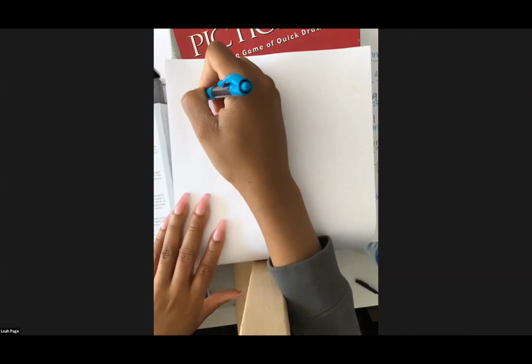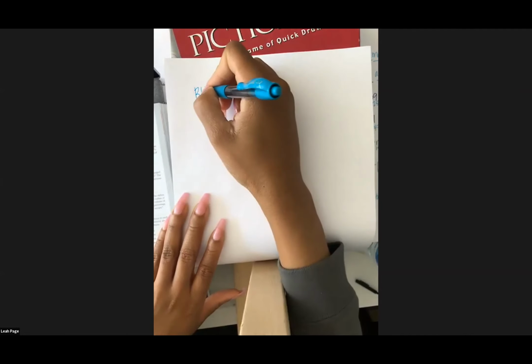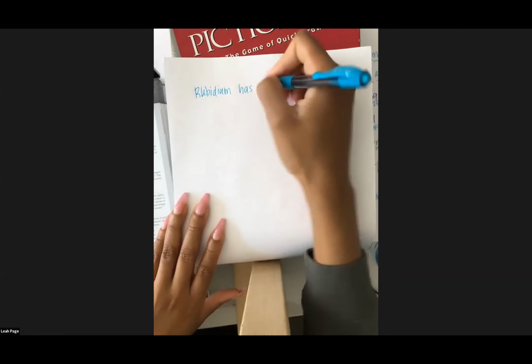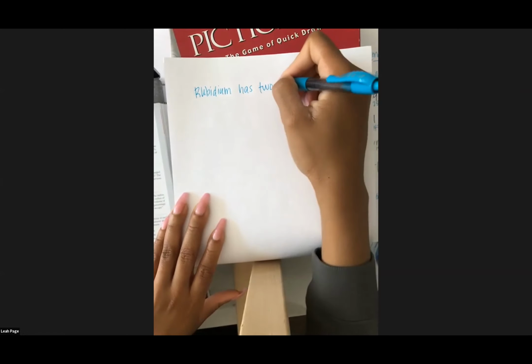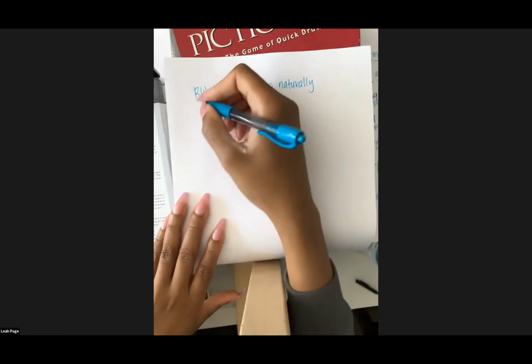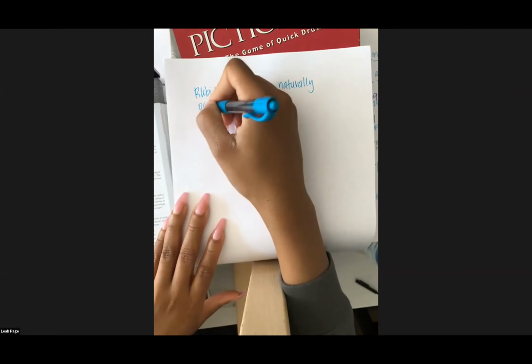It says rubidium has 2 naturally occurring isotopes.